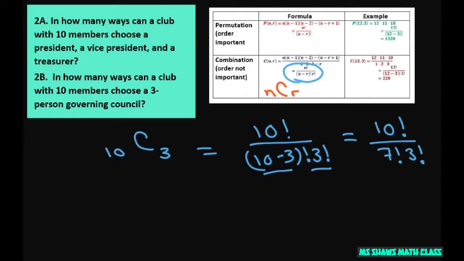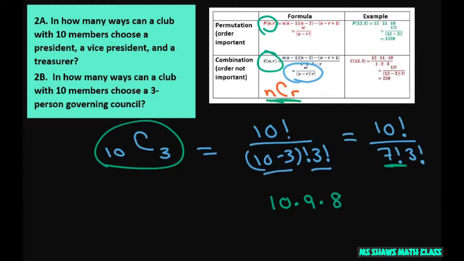All right. And of course, you can put this in the calculator, either this way or this way, depending on your calculator. So this is going to be 10. You're going to pick the biggest factorial, so 10 times 9 times 8 times 7 factorial divided by, and I usually put it right underneath the factorial, 3 factorial, which is 3 times 2.